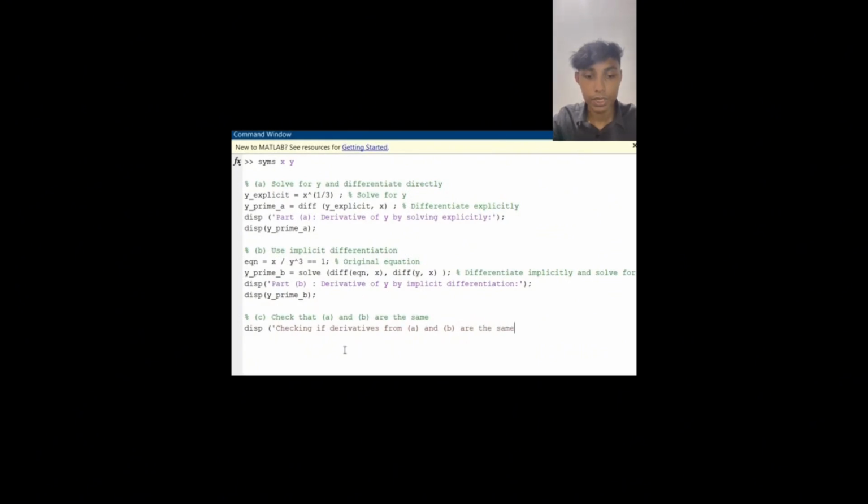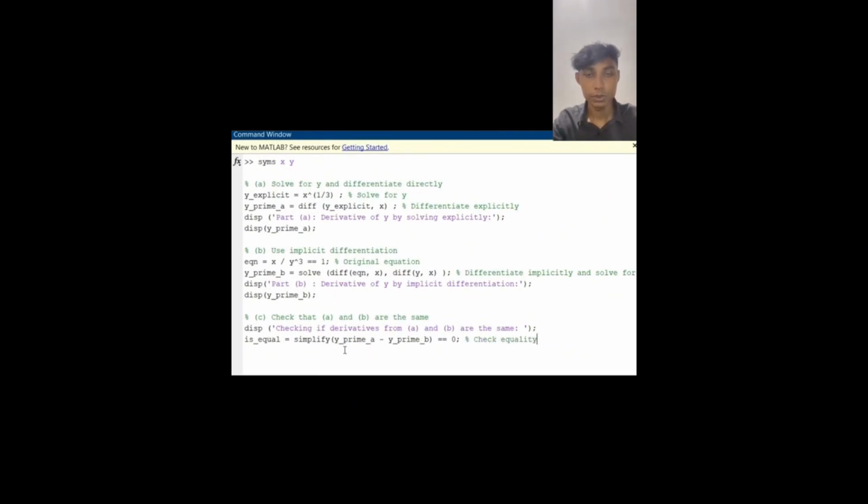First we need is, which is _equal, simplify(y_prime_a - y_prime_b) equal to 0. Alright, this one is to check the equality.